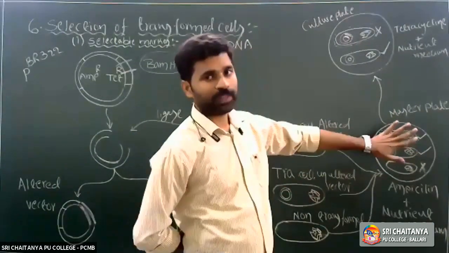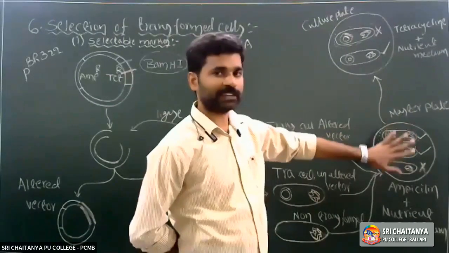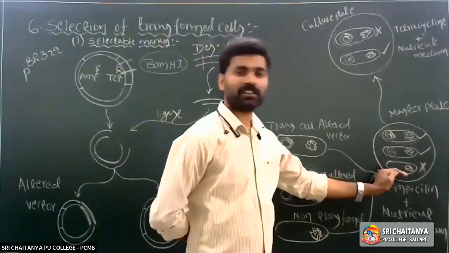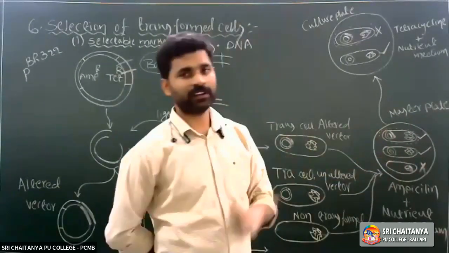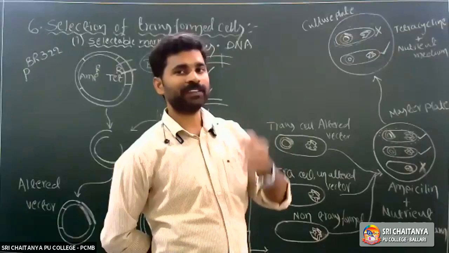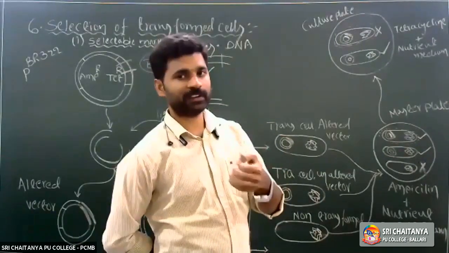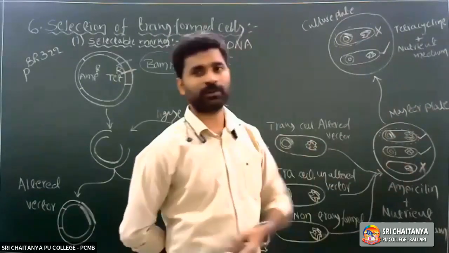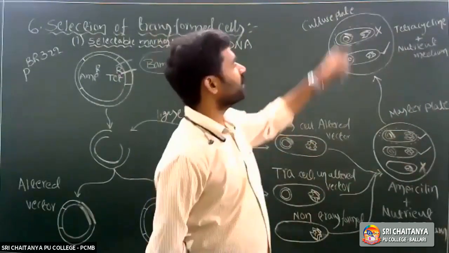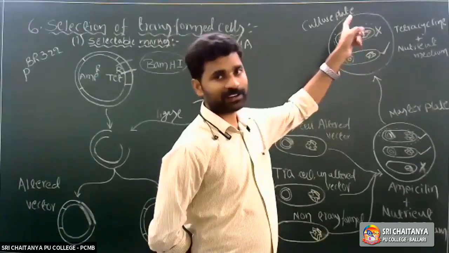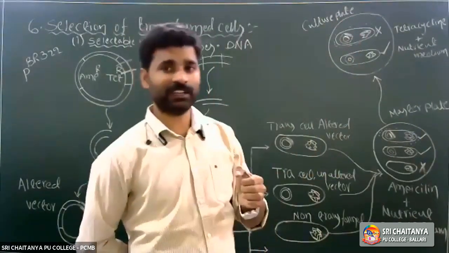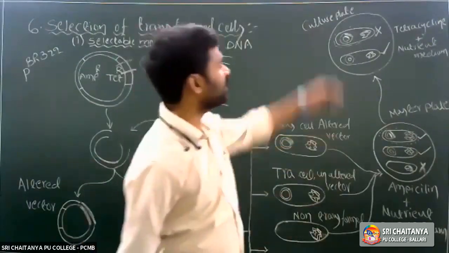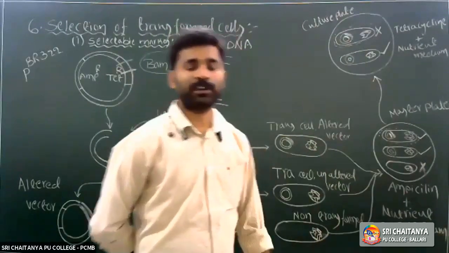Which type of antibiotic resistant gene or selectable marker helps in identification of transformed cells from the non-transformed cells? Ampicillin resistant gene. It means one selectable marker, the ampicillin resistant gene, helps in identification of transformed cells from the non-transformed cells. And the second selectable marker, the tetracycline resistant gene, inactivated due to insertion, helps in selection of recombinant cells from the non-recombinant cells.